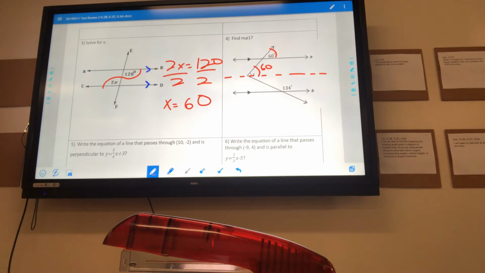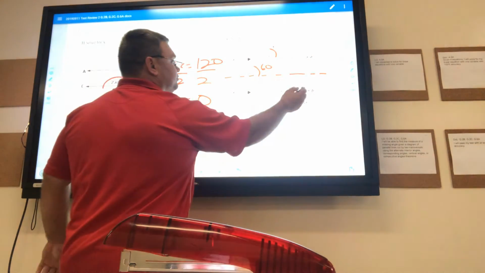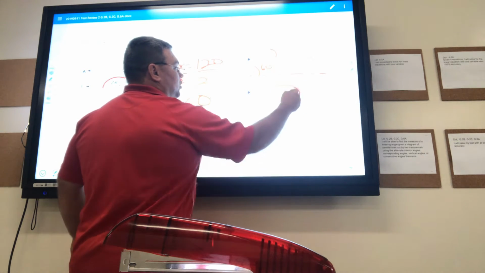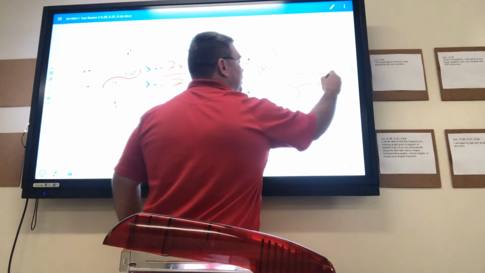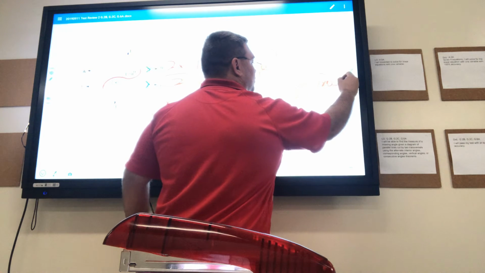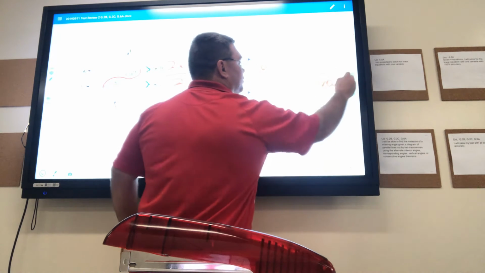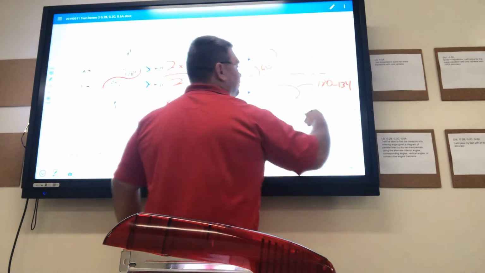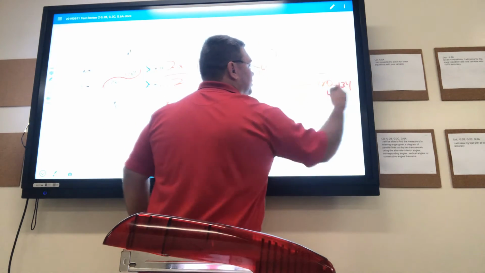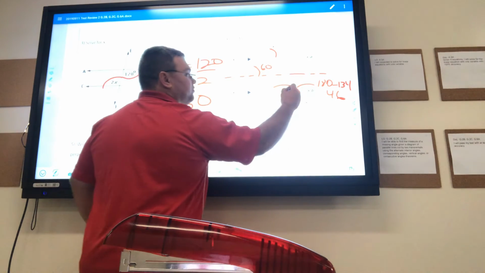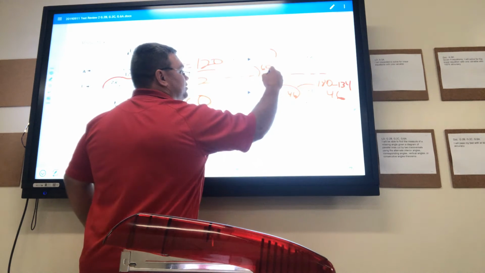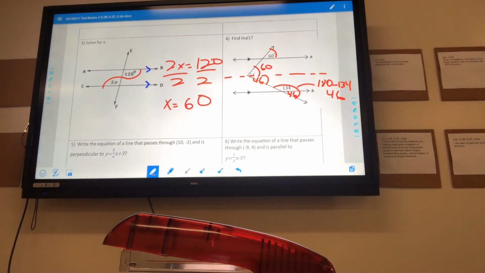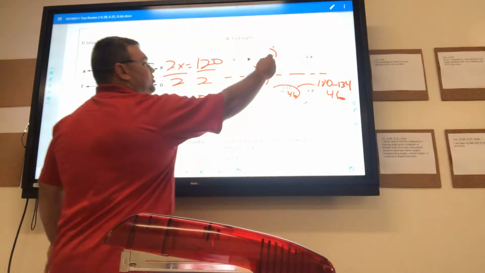These two angles are supplementary, so I go 180 minus 134, and I get a grand total of 46. So this angle is 46, and this angle is the same because they're corresponding. And all I have to do is add those two up.